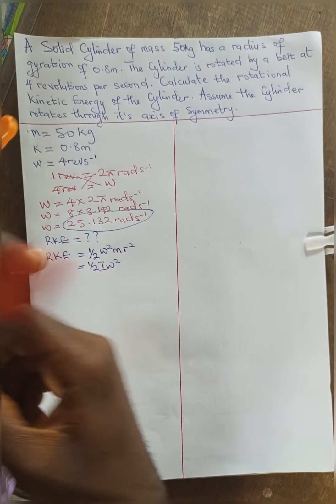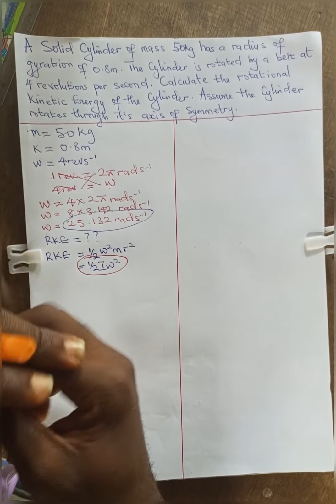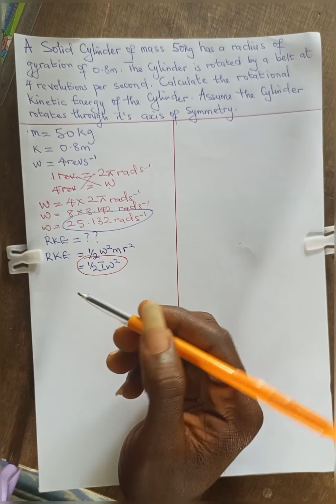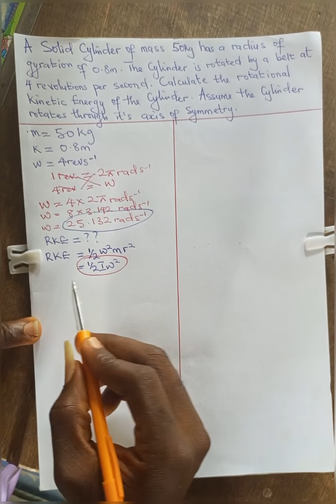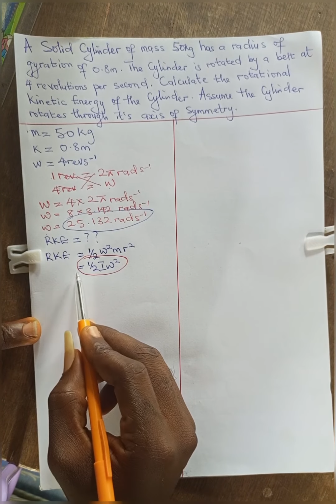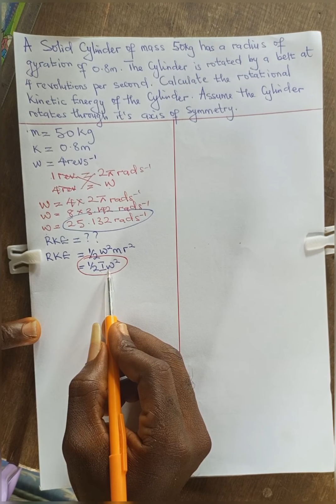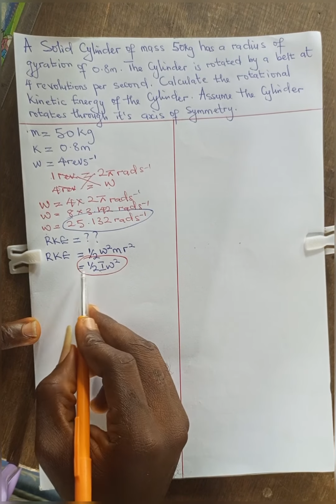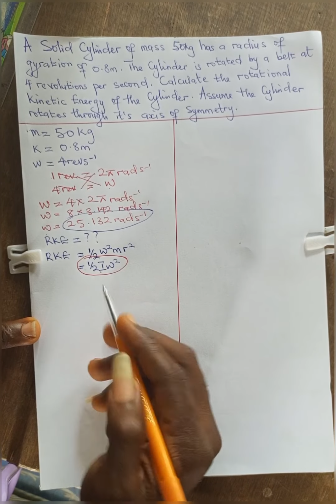In case you no understand how we take get this half I omega square, abeg look at our other videos. E dey explicitly explained for that video. Now, having known say rotational kinetic energy na the same thing as half moment of inertia times angular velocity square, na this formula we go use to get our answer. There are no two ways about it.